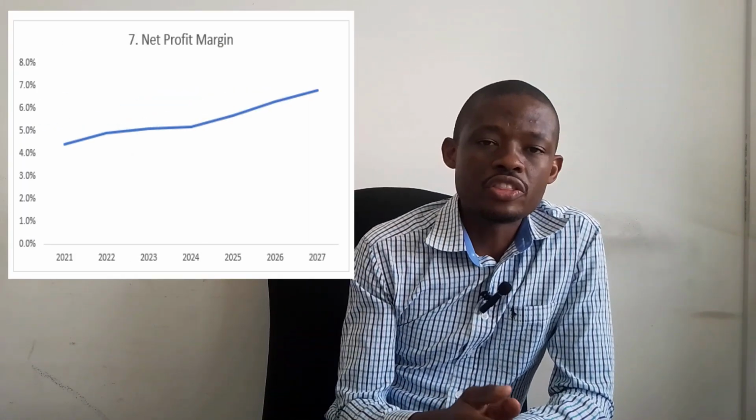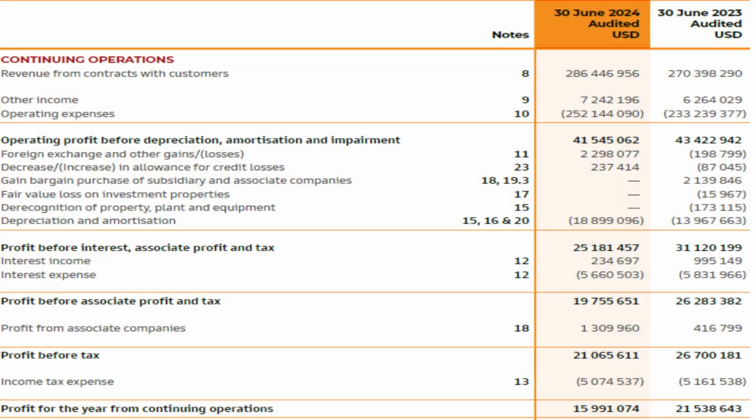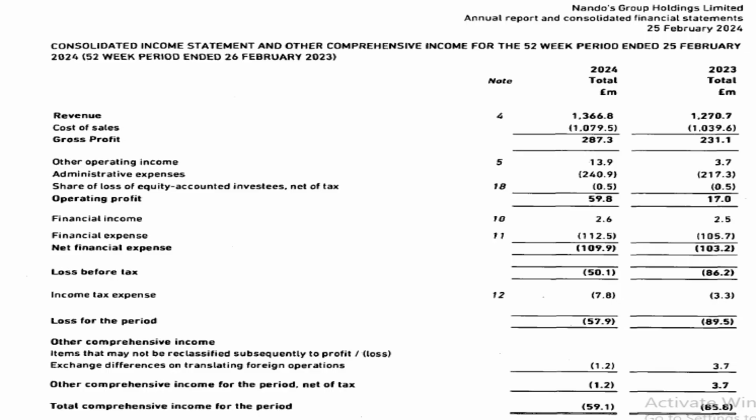Finally, we have your net profit margin. This shows what percentage of revenue remains as net profit within the business. The average net profit is from 3 to 5% for restaurants. Let us consider real-life examples. Once again, we'll look at Simbisa and we'll look at Nando's Global.